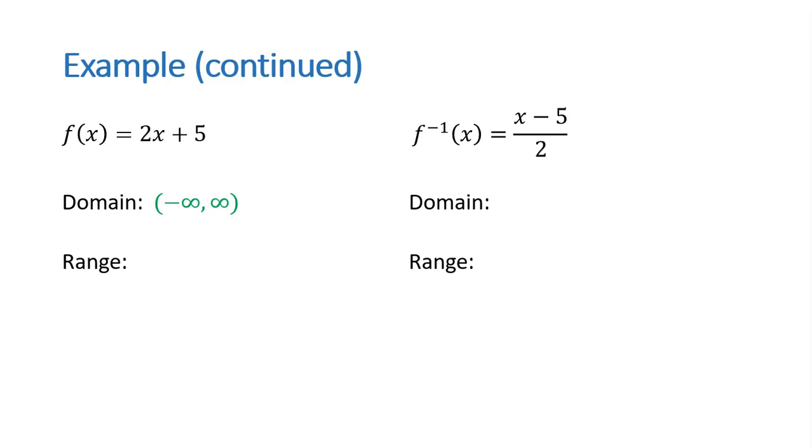Well, if the domain of our original function is all real numbers, that means the range of our inverse function is all real numbers. Now, in theory, we could figure out the range of our original function, but believe it or not, we haven't talked about range all that much in this class. That's because determining range is not an easy thing to do. There's no clear-cut set of criteria like we have for domain.